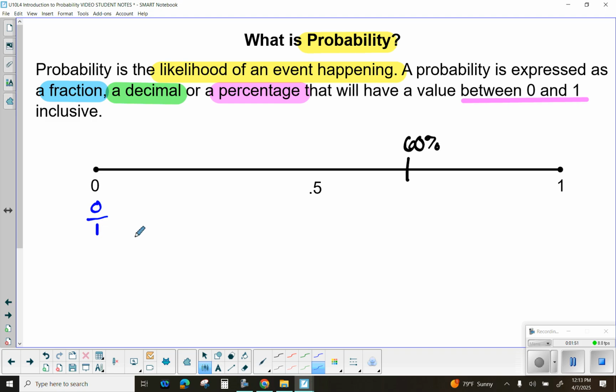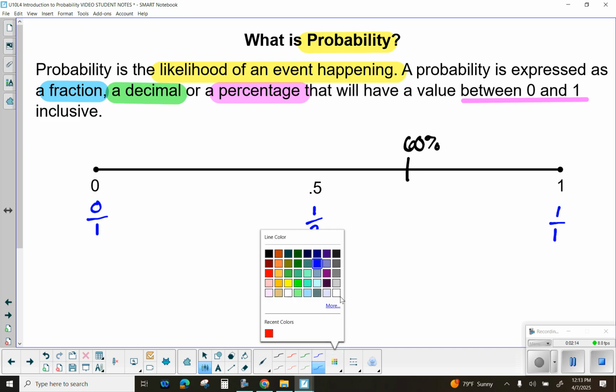So 0 would be 0 chance of something happening, right? Like 0 over 1. 0.5 is like 1 out of 2, right? It's half the chance. And 1 is like 1 over 1, right? You could have a fraction, or that might be like 5 over 5 or something like that. You can also have it in percentage format.